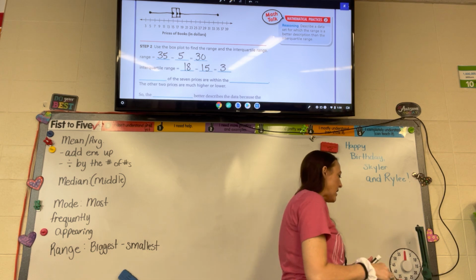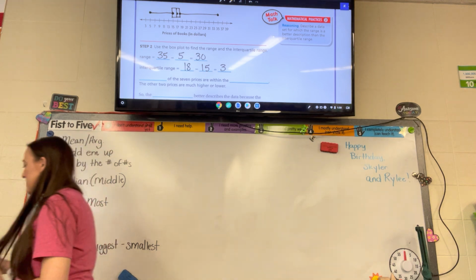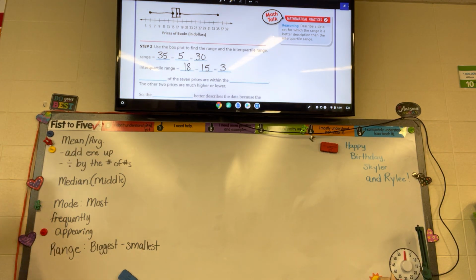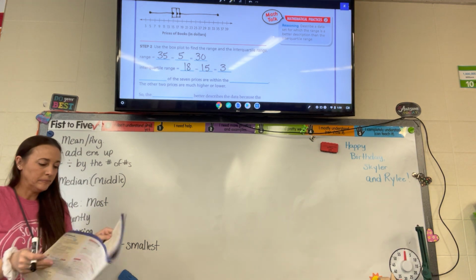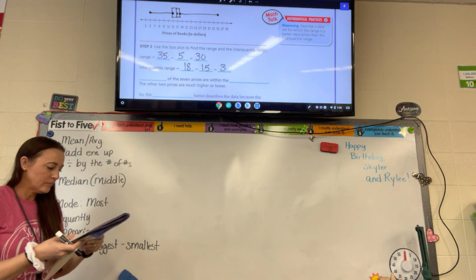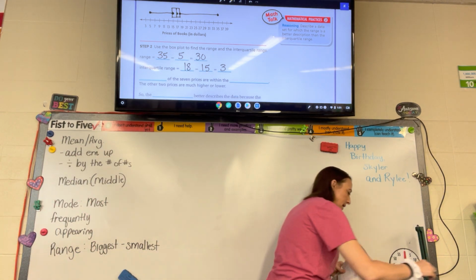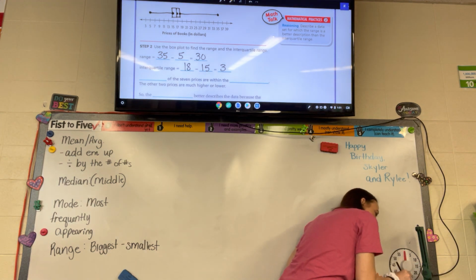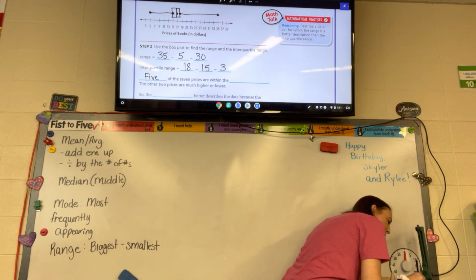So since most of the data is within the box, write this down: 5 of the 7 prices are within the interquartile range.